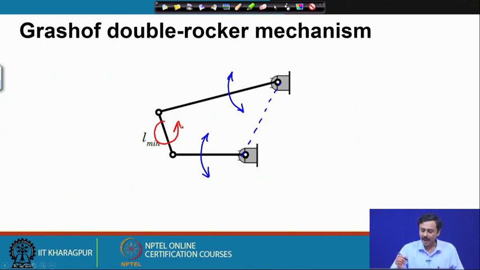So, this mechanism can achieve something called a crossed configuration. This mechanism can achieve a configuration like this, which is a crossed configuration, because L min can rotate completely, but the other two links will rock.